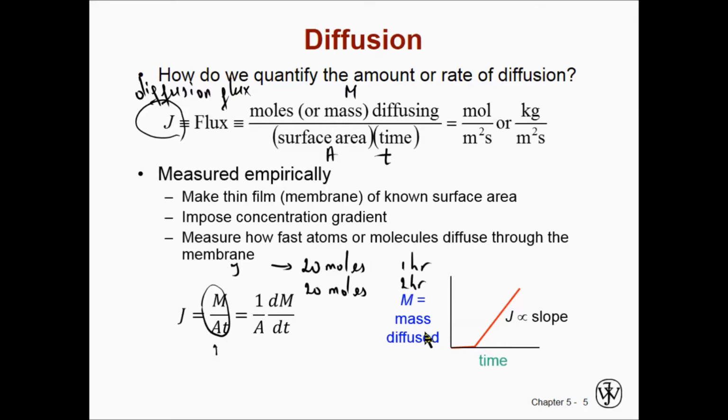And how do we measure diffusion flux? That is measured empirically. So we carry out the real process, do an experiment, and measure the results. In this way we can calculate it, so it's not theoretical. We have to get these values from experiment.